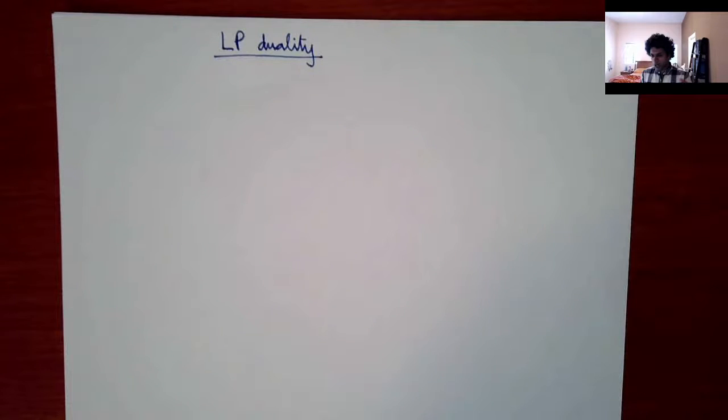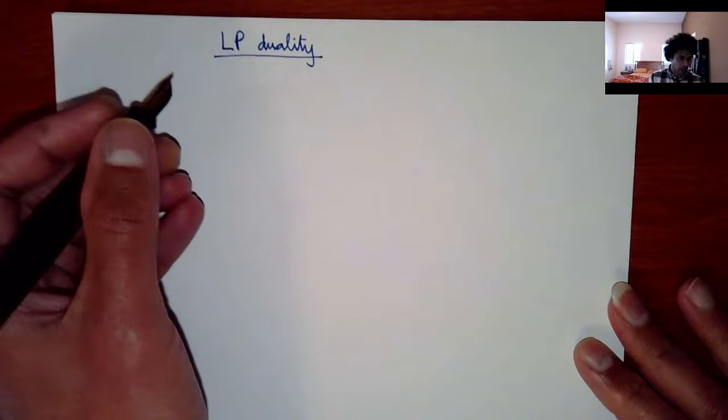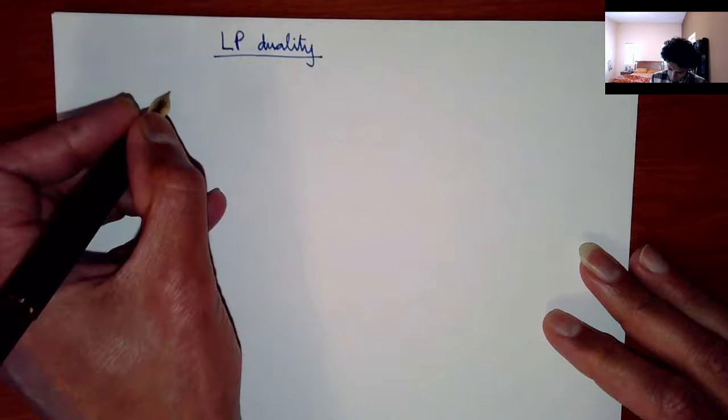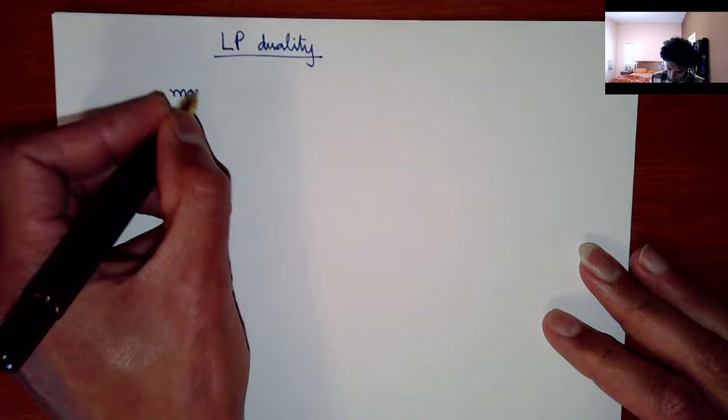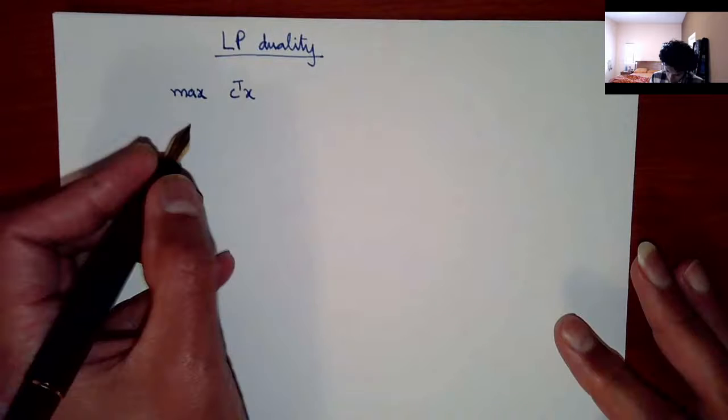Unlike most standard descriptions of duality that use what is called the standard form, I would like to show you more gory detail and give you the general form of an LP so that you really understand what's happening in duality. So let's look at the specific problem we were looking at: we're maximizing C transpose X, where X are variables.